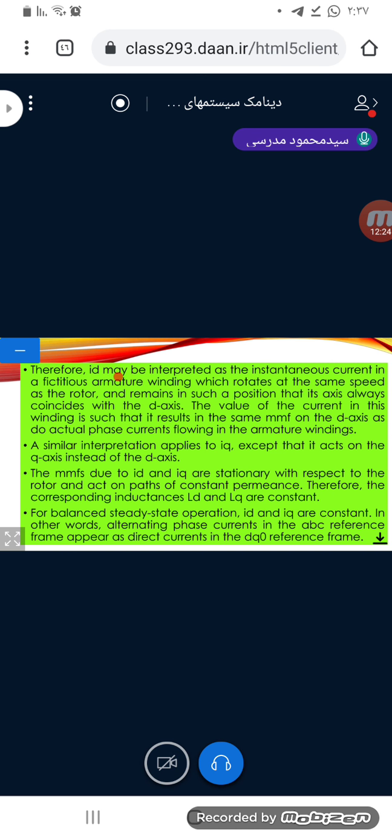Therefore, ID may be interpreted as the instantaneous current in a fictitious armature winding which rotates at the same speed as the rotor and remains in such a position that its axis always coincides with the d-axis.